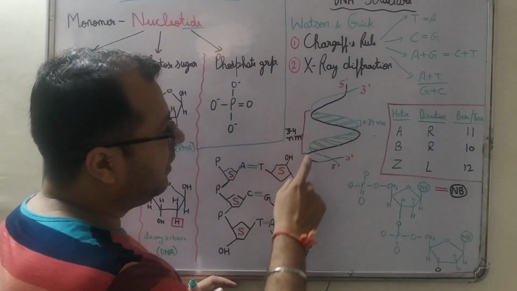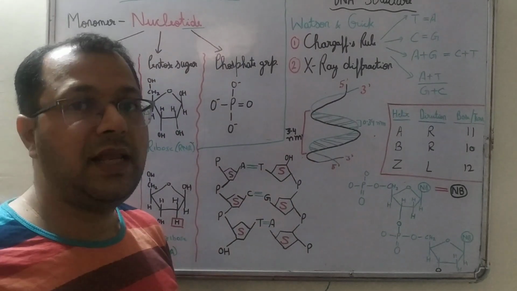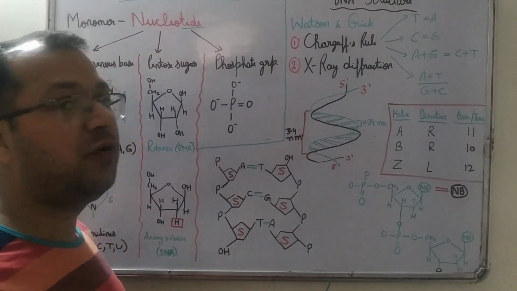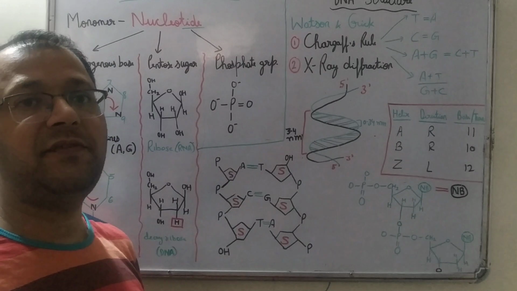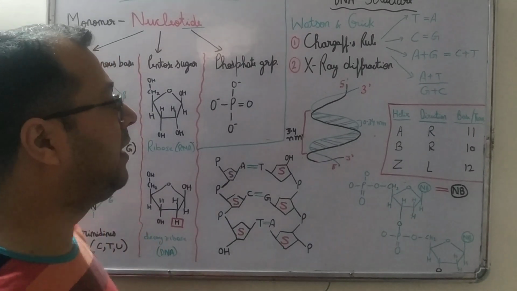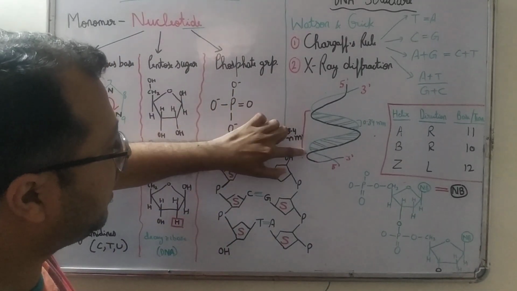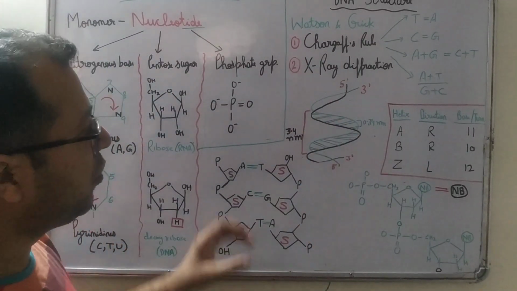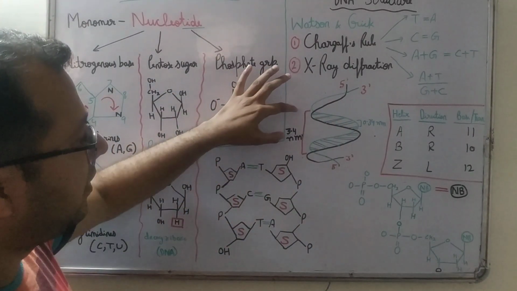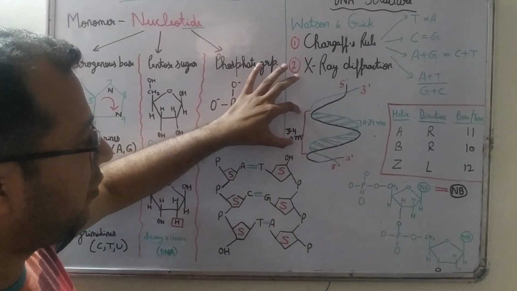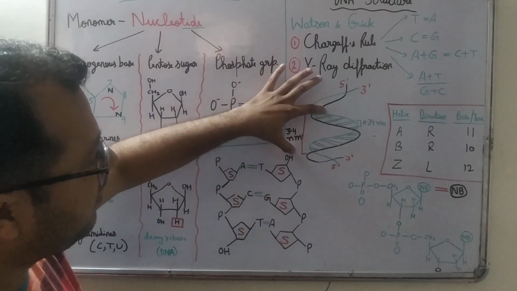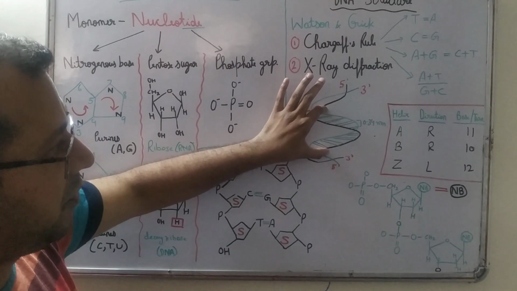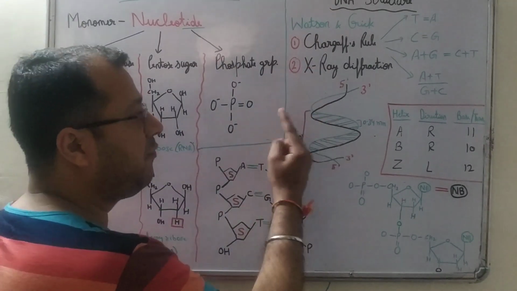In the double helical structure of DNA, you will notice two grooves. One will be the major groove and one will be the minor groove. So this refers to the minor groove, and this position refers to the major groove. One turn is considered either from one minor groove to the next minor groove, or from one major groove to the next major groove.